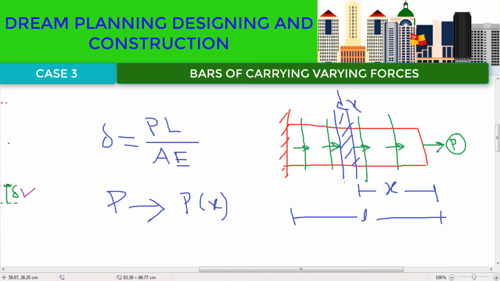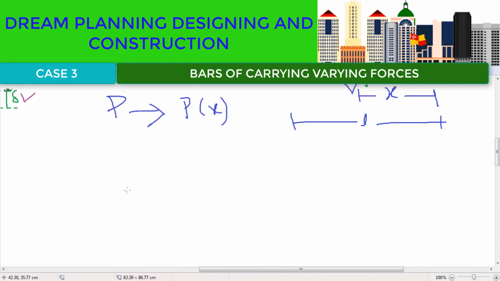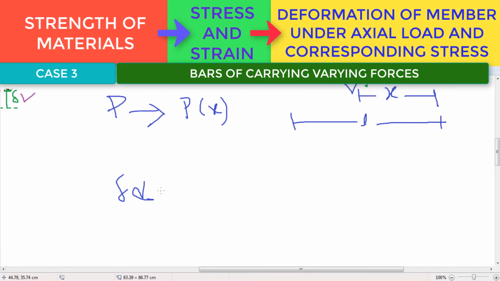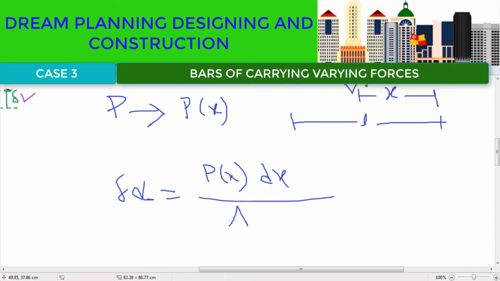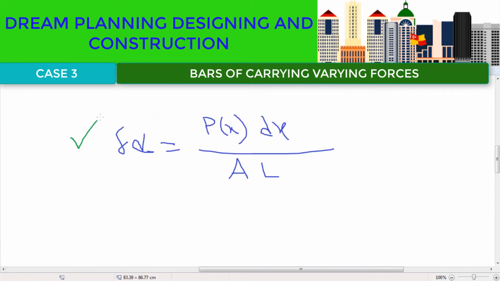So for this small strip, the small deformation dδ equals P(x) into the small strip dx by A, since area is constant, and E, that is the same. So that is the deformation for the small strip.